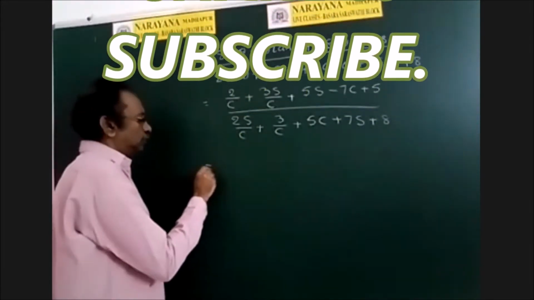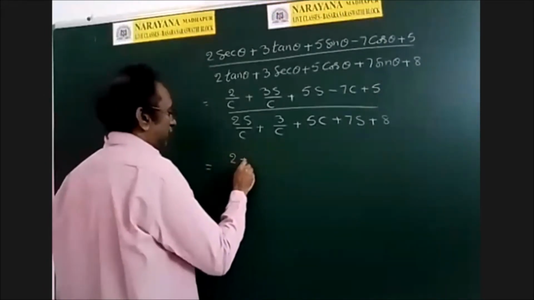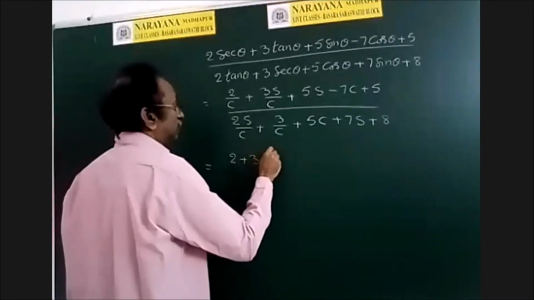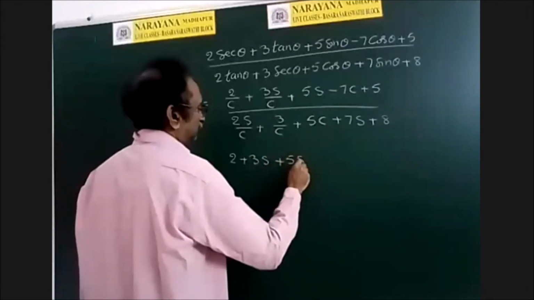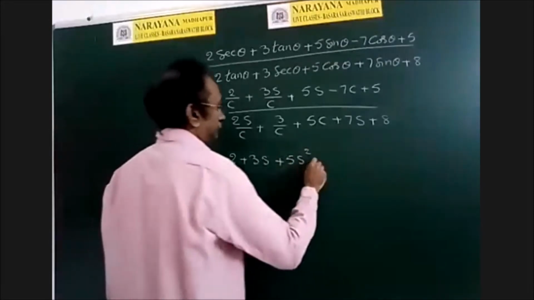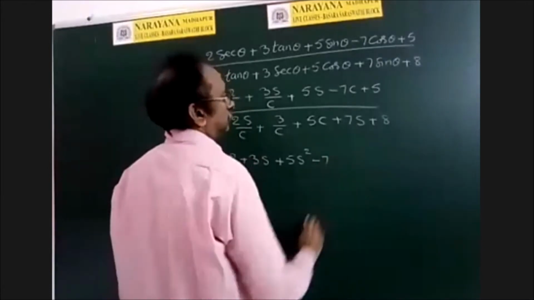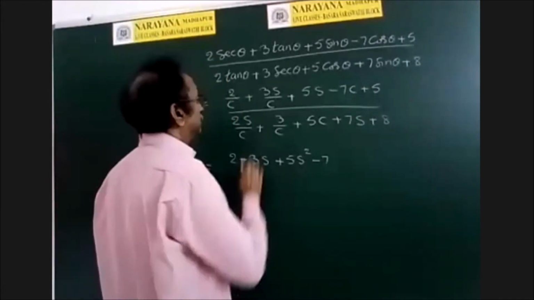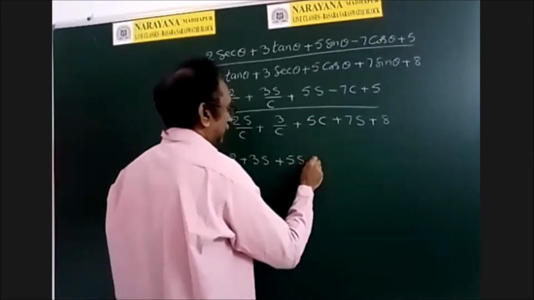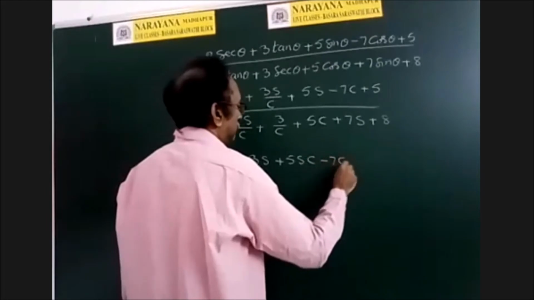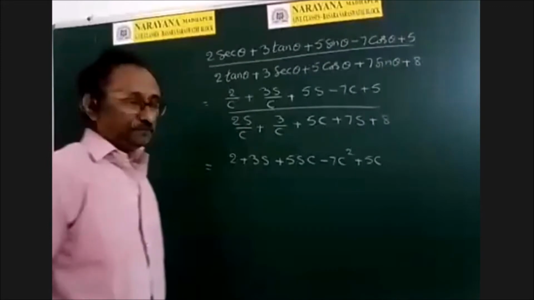So this is equal to, now if you take cos theta LCM, you will get 2 plus 3 sin theta plus 5 sin theta cos theta minus 7 cos square theta plus 5 cos theta.